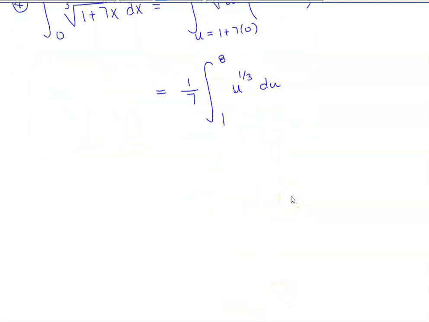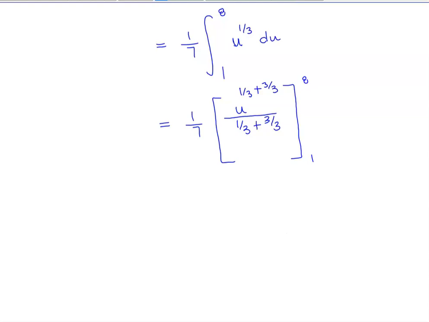Okay, so now we're going to take the antiderivative. So we have 1/7 times the antiderivative of u to the 1/3. So that would be u to the 1/3 plus 1, which is 3 over 3, over 1/3 plus 3 over 3, using the bounds from 1 to 8. So let's go ahead and complete this.